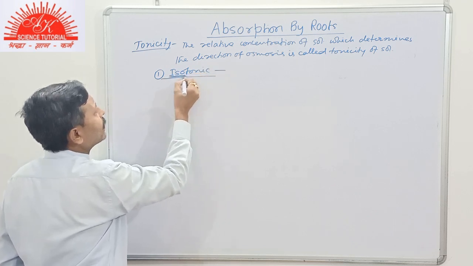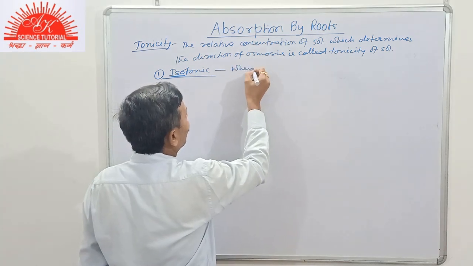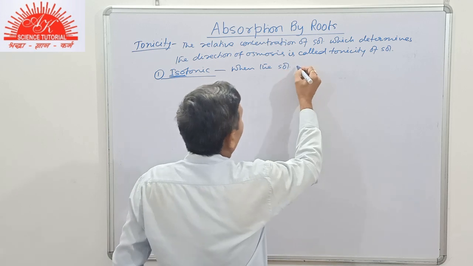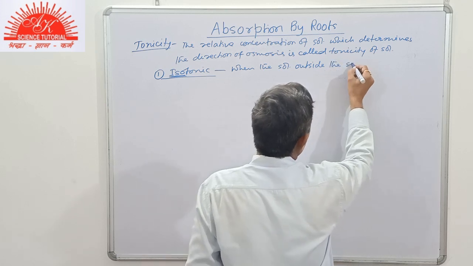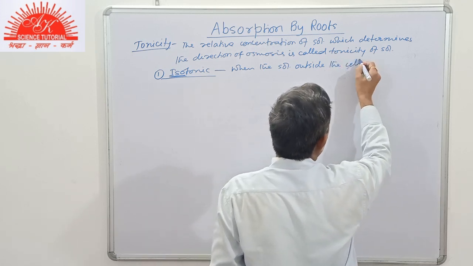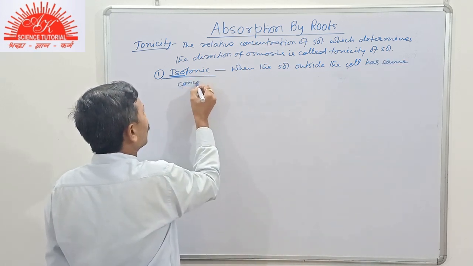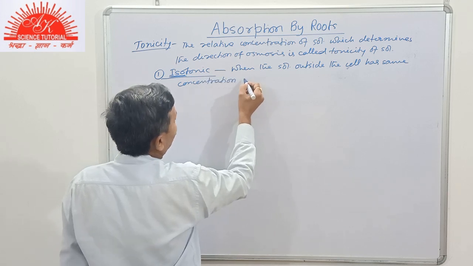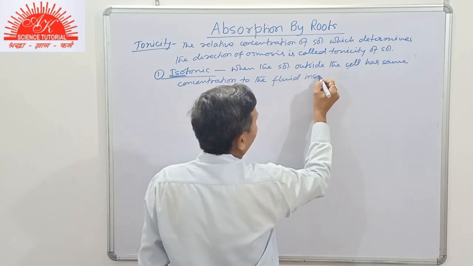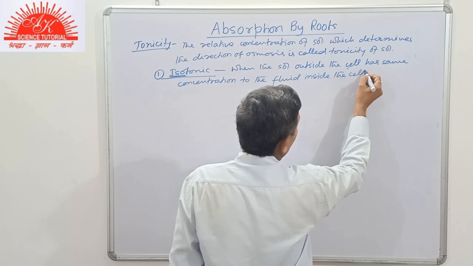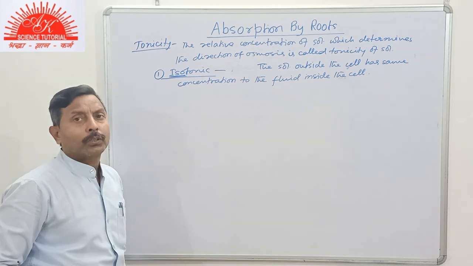As the name suggests, iso means same. When the solution outside the cell has the same concentration as the fluid inside the cell, then this is called an isotonic solution.